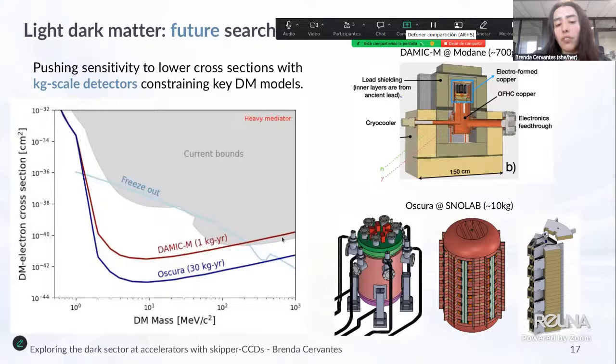The two main efforts, as I said, are DAMIC-M and the ultimate effort called Oscura, which is expected to be at some point at SNOLAB and would hold 10 kilograms of skipper-CCDs. The projected sensitivities, as shown here, will be able to rule out very motivated theoretical models.